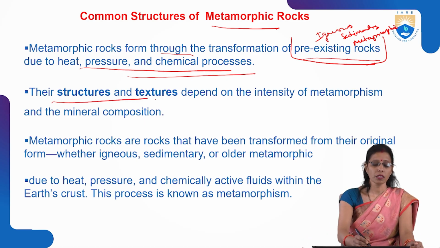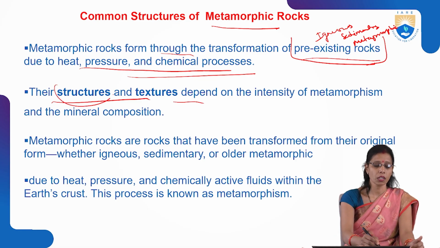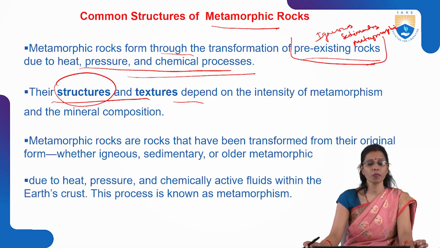Now, their structures and textures. Basically, structure means the alignment of the rock and the proper fixing of the components or particles, how the rock looks. And texture means whether the rock has a smooth touch or a rough touch, or something like bubbles or a sandy kind of texture.